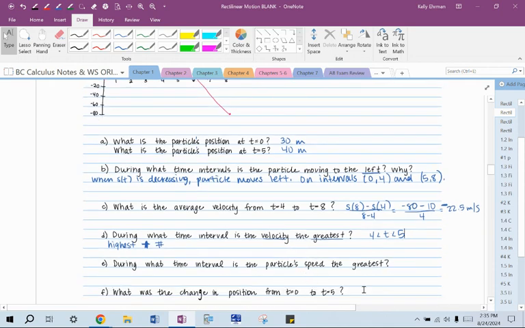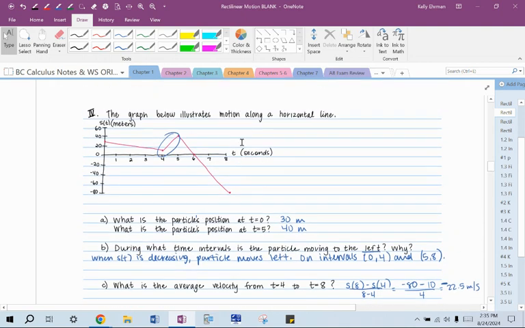During what time interval is the particle's speed the greatest? This one is about steepest slope. I know it's not exactly correct, but I think of this as, when am I hitting the gas the hardest? Am I driving fastest forward or backward? It doesn't matter. My speed could be the greatest if I'm going backwards. So it's definitely not this slope.